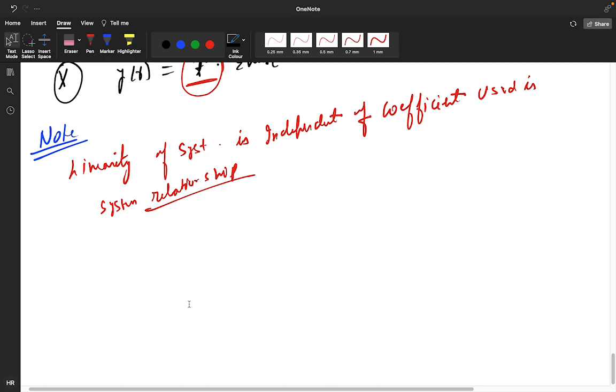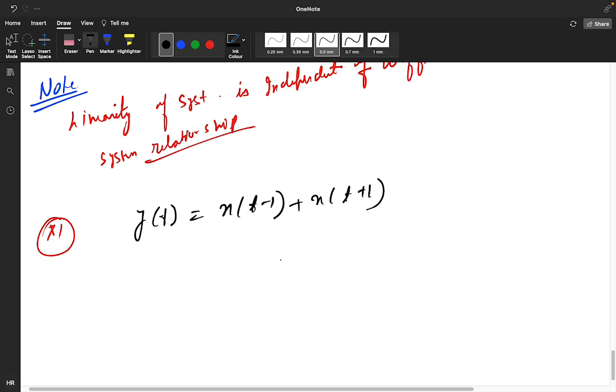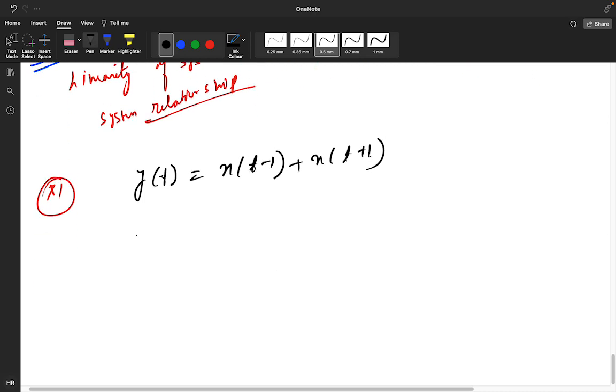So now check it for this. The next question: you have y of t is equal to x of t minus 1 plus x of t plus 1. What is the system doing?